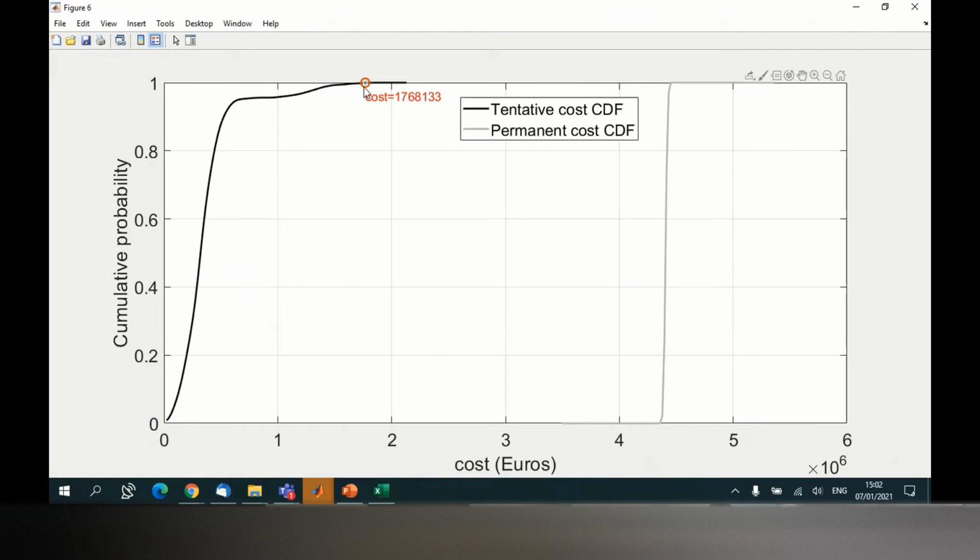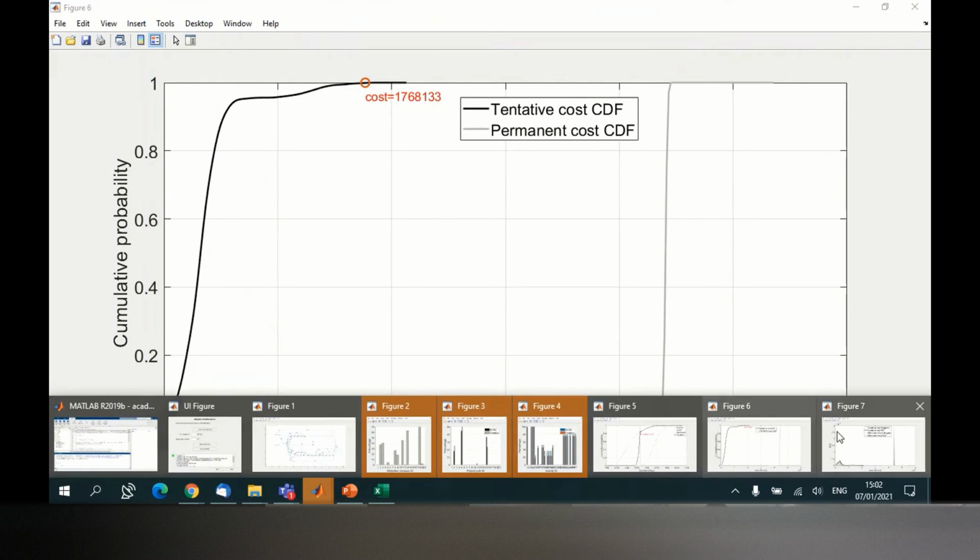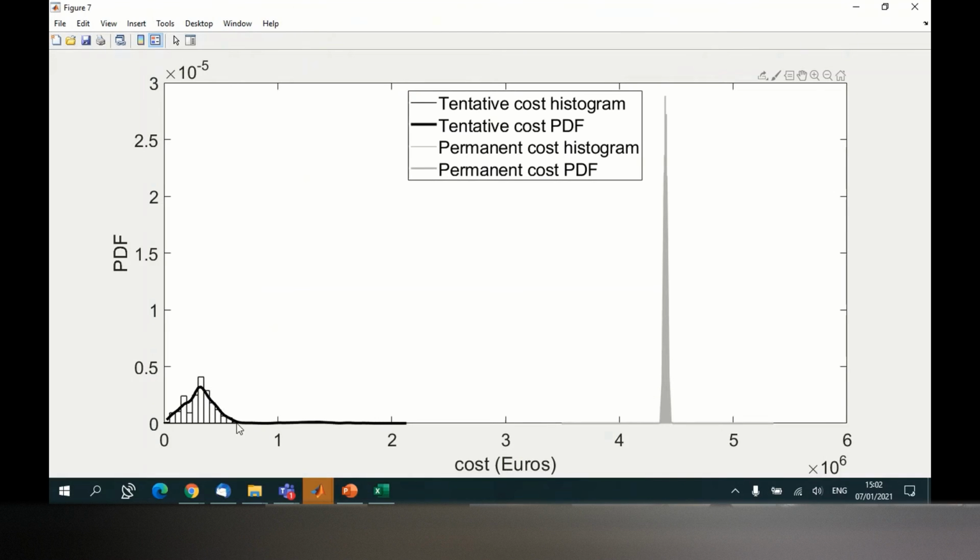So this point here, when it reaches 1, corresponds to this point. Don't worry about that. It's important just to understand what these curves mean.